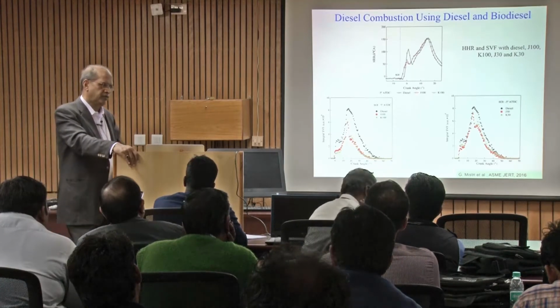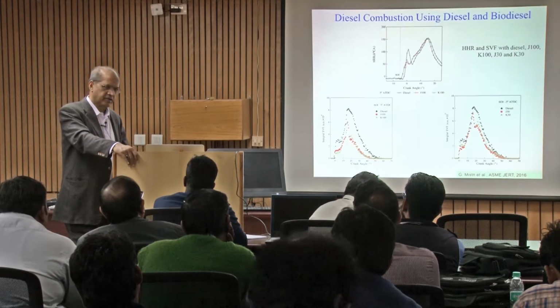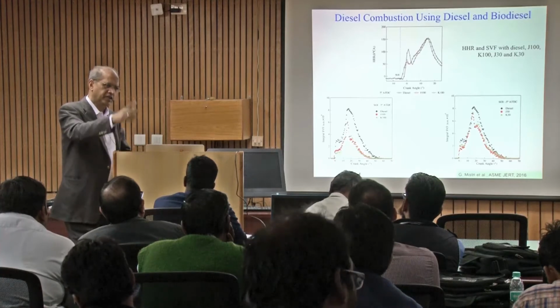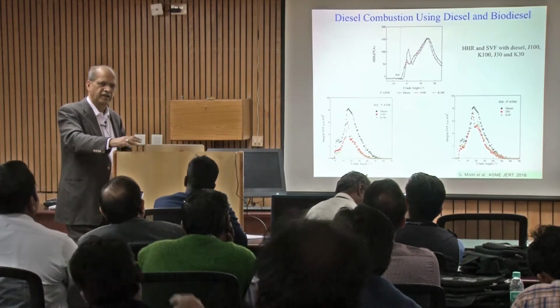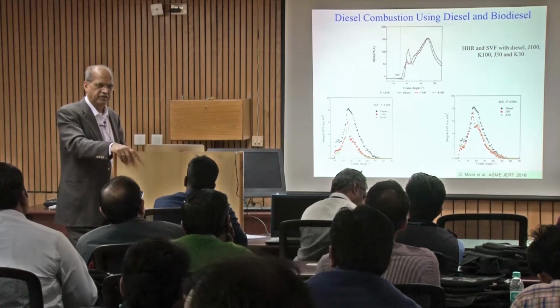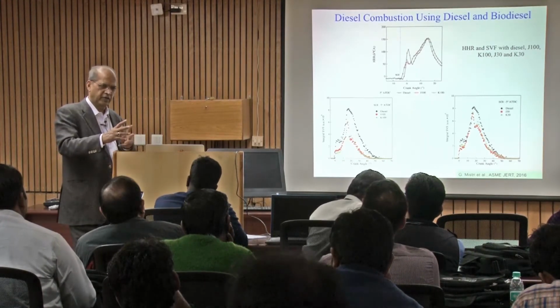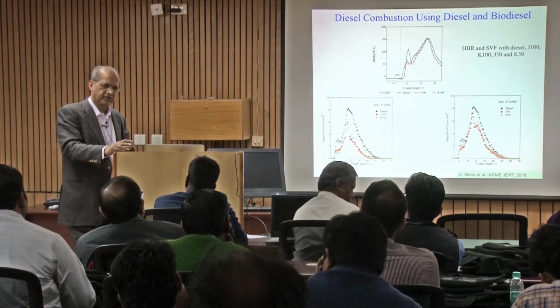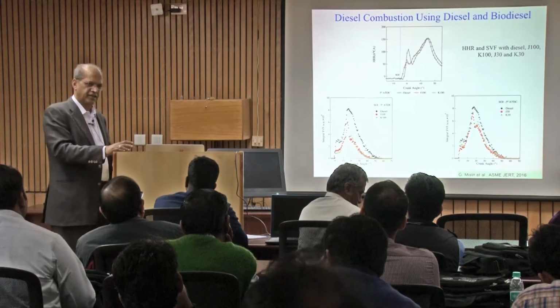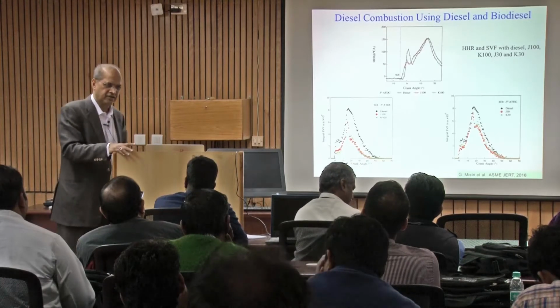If you do late cycle injection, usually the temperature will be higher. If you do very early injection, temperatures are lower. So then you get this well-known trade-off. Early injection, you will produce more soot, less NOx.